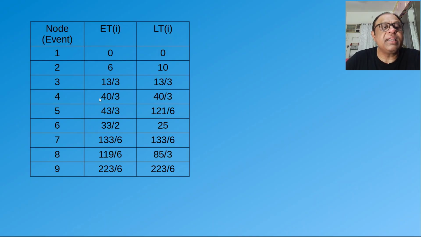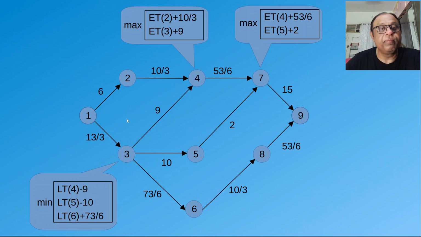Now it gets interesting once we come to node 4. If you go to see, there are 2 activities which reach node 4. One is activity 2.4 and the second is activity 3.4. Now, what is the earliest event time that we can give to node 4?